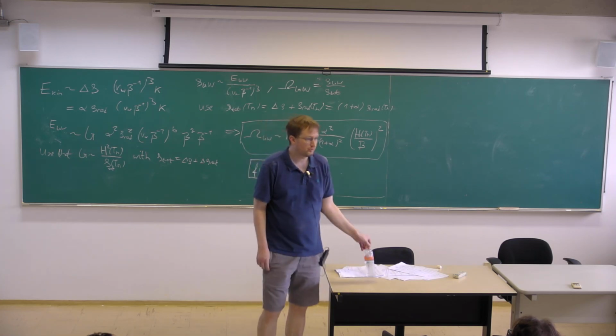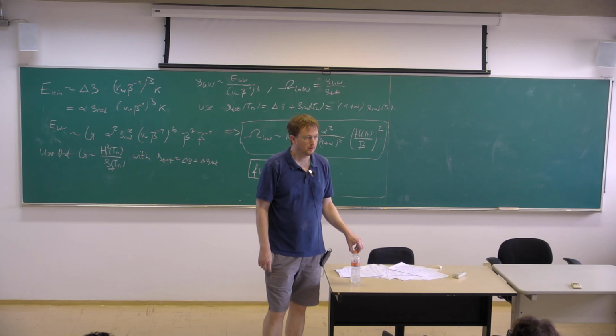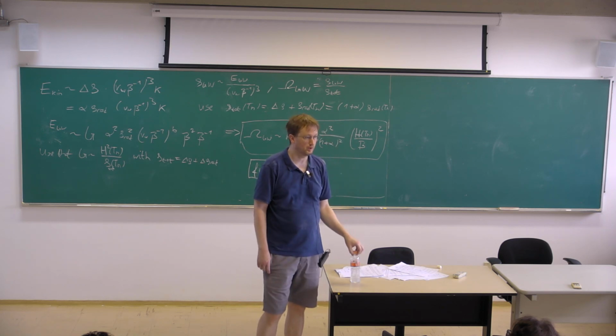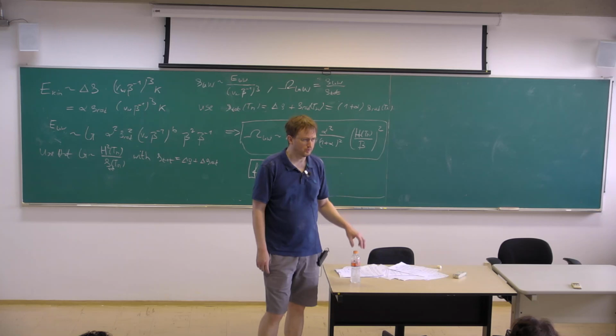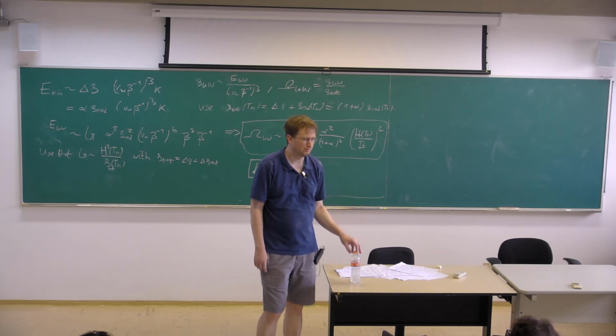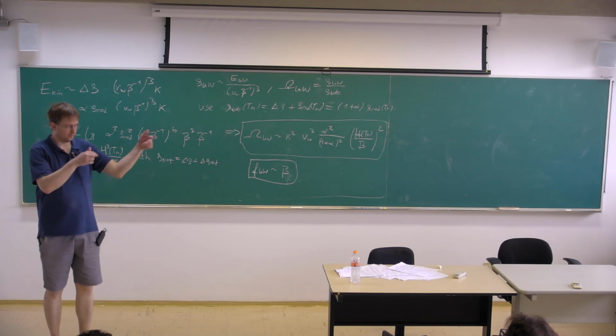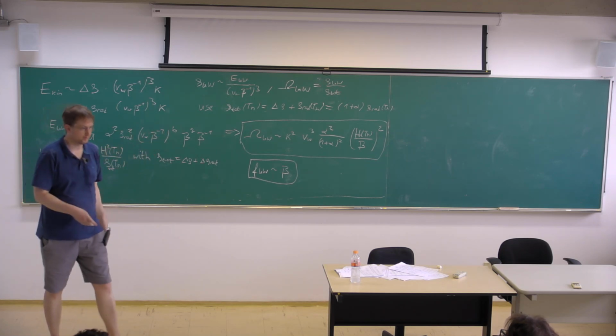In principle, you could also have the other situation, but then things become more complicated. So the frequency is higher than the Hubble frequency at creation, because the Hubble scale is the biggest wavelength. Exactly, the wavelength has to be shorter to fit in.